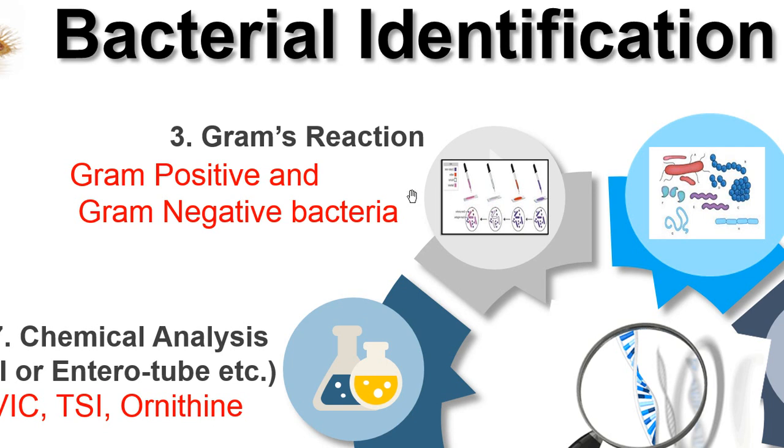Basically, the bacteria we commonly encounter have a variety of different chemicals present in their cell wall, but the majority have either the maximum of peptidoglycan content in their cell wall, or the majority of lipid content. Those bacteria that have the majority of peptidoglycan content in their cell wall are called gram positive, while those that have the largest quantity of lipid components in their cell walls are called gram negative bacteria.